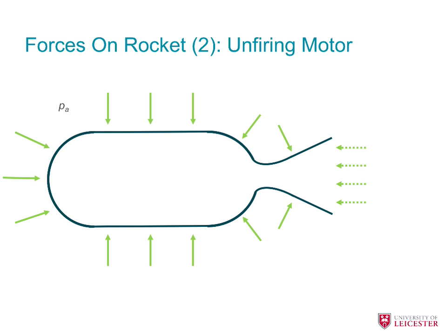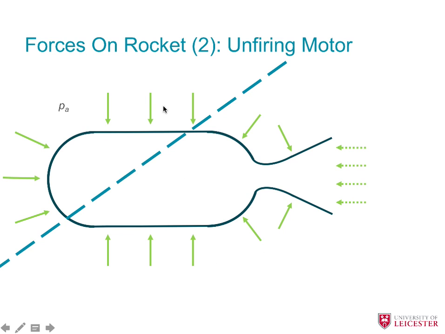So that tells us that if we draw a plane that cuts the motor, we can draw that plane such that it cuts at any orientation at any point, and because the motor isn't moving, we know that the forces on one side of that plane must balance the forces on the other side of the plane.